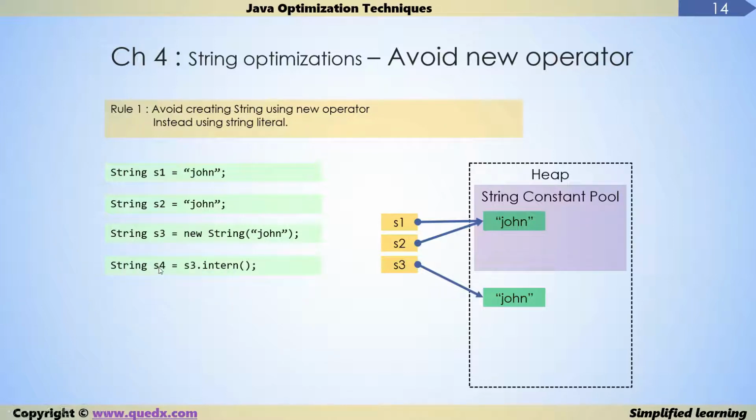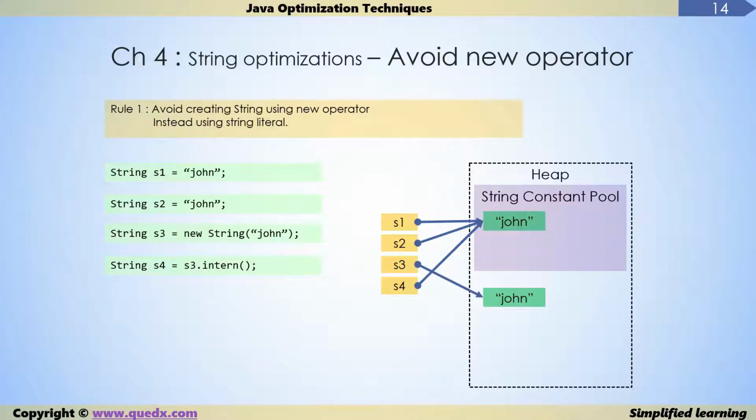In the fourth case, we are having S4 of type string and we are assigning S3.intern. So since we are using the intern, it will again point to the same string from the SCP area.